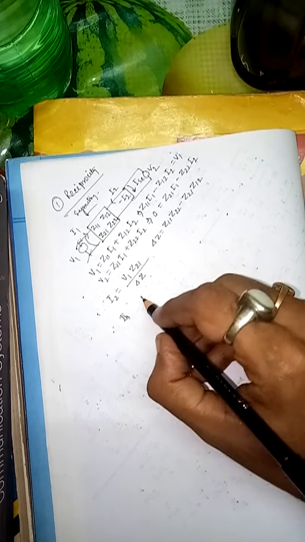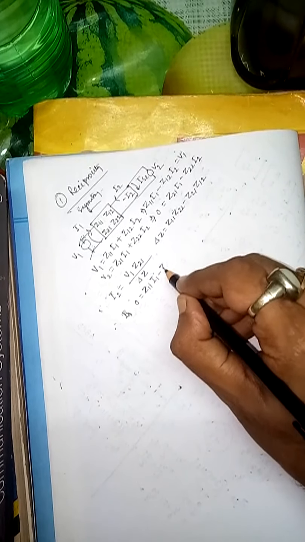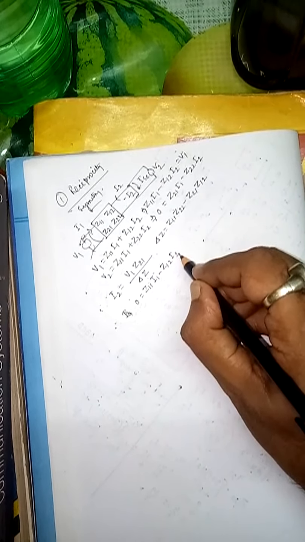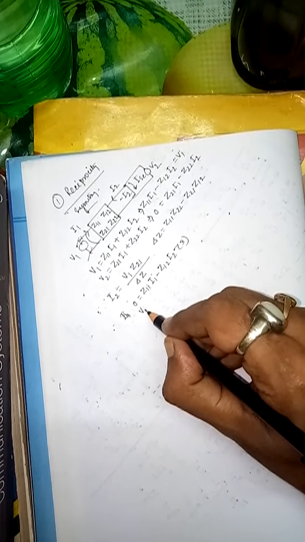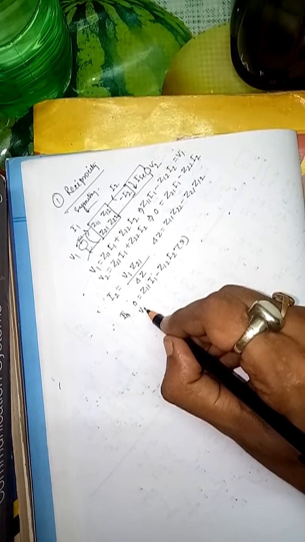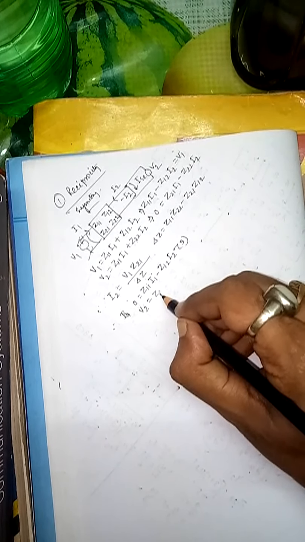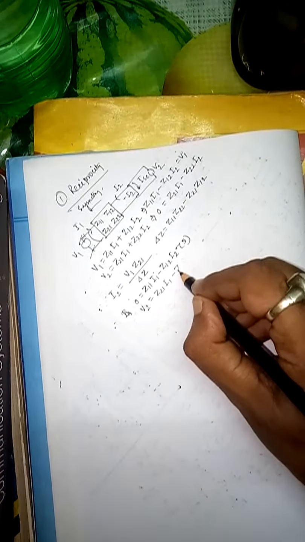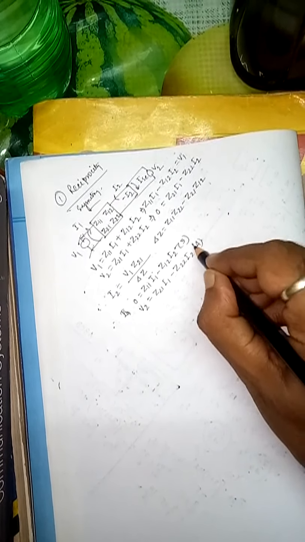First of all, you can write 0 equals Z11 I1 minus Z12 I2, that is equation number 3, and V2 equals Z21 I1 minus Z22 I2, that is equation number 4.